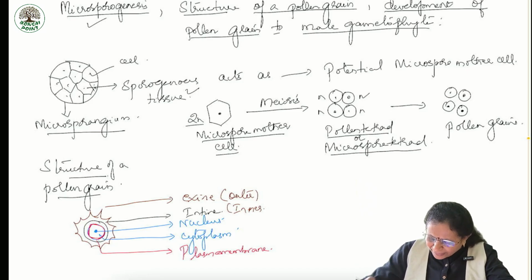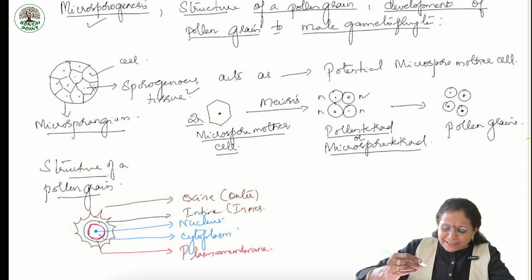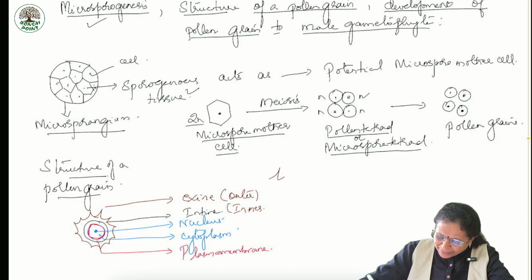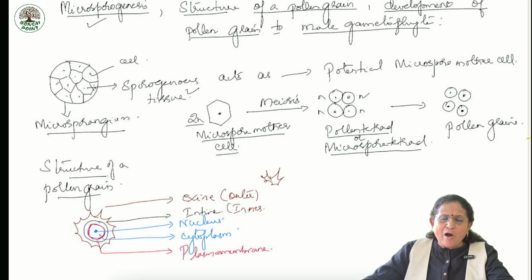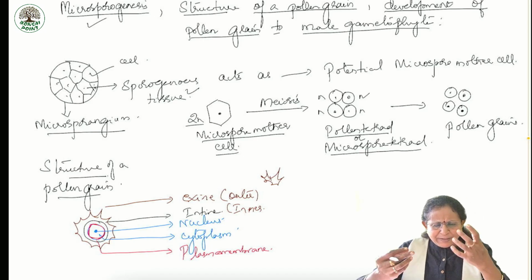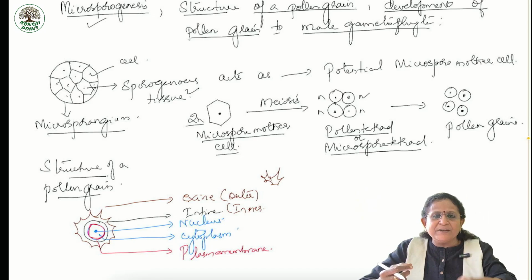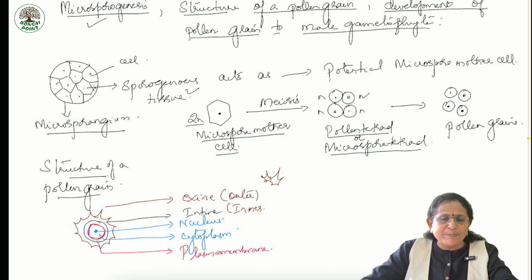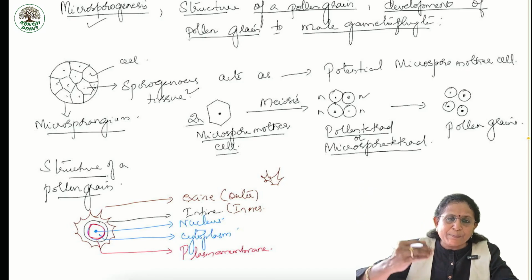This outer layer or exine is spiny, or elongated, or variously sculptured, variously designed. Just by trapping the pollen grains and observing under the microscope, it is possible for us to detect to which plant this pollen grain belongs.